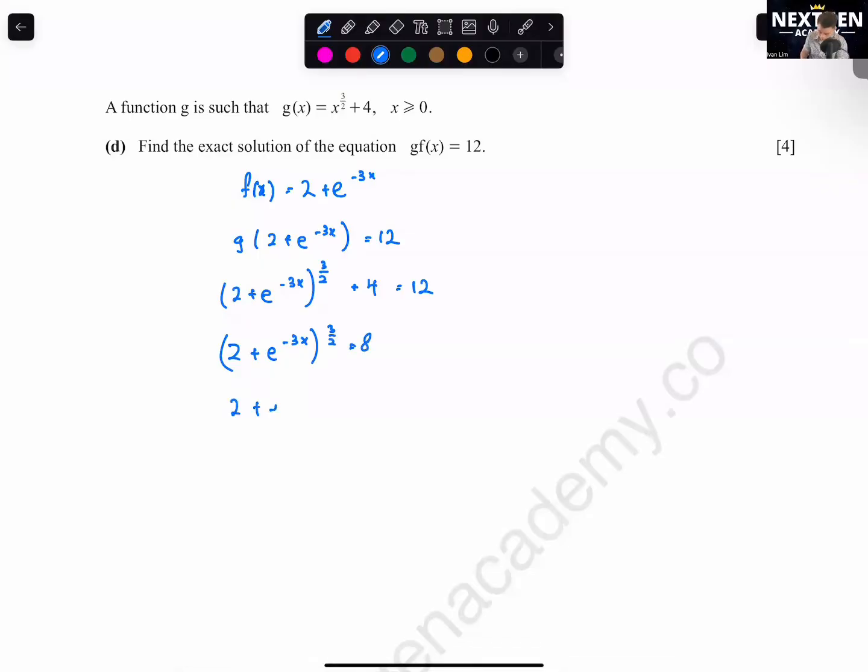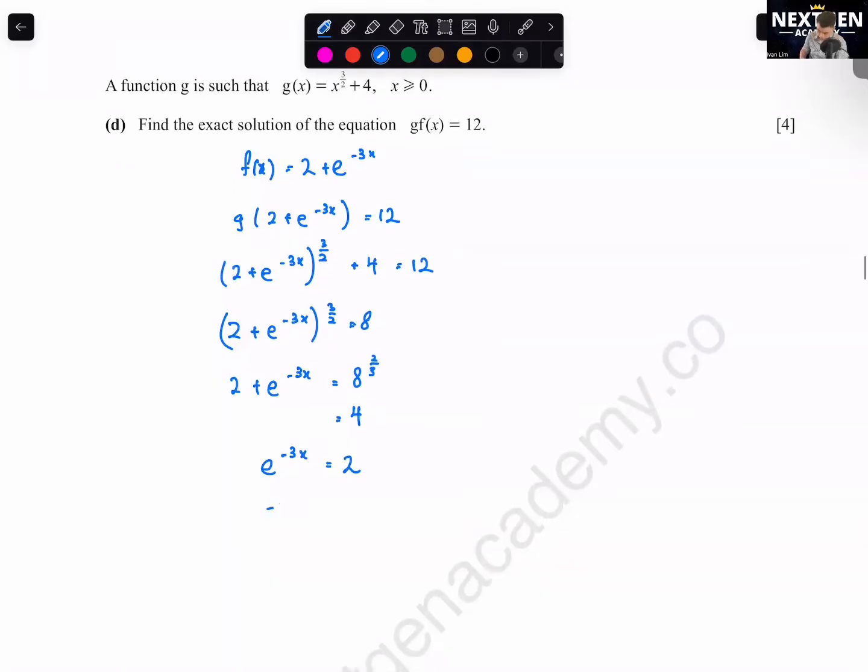Then we bring the power 3 over 2, which will now become 2 over 3. 8 to the power of 2 over 3 is equal to 4. Then e to the power of negative 3x equals 4 minus 2, which is 2. Inverse of e will become ln 2. x is negative 1 over 3 ln 2.